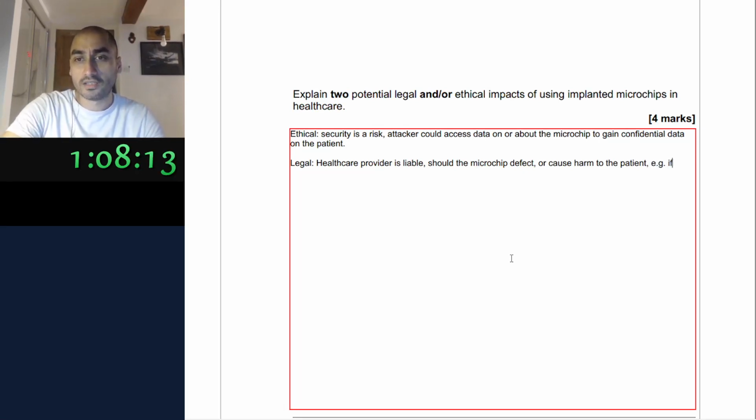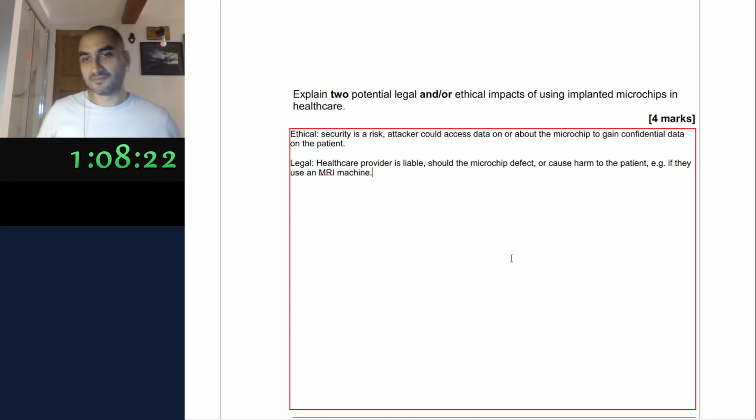E.g. if they use an MRI machine. Don't underestimate the patient's stupidity.